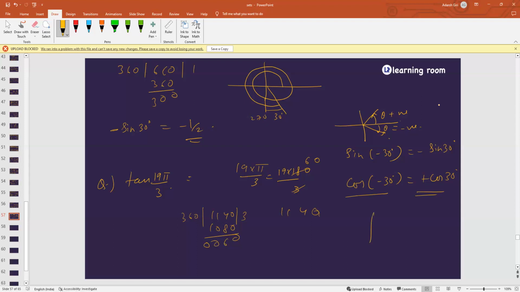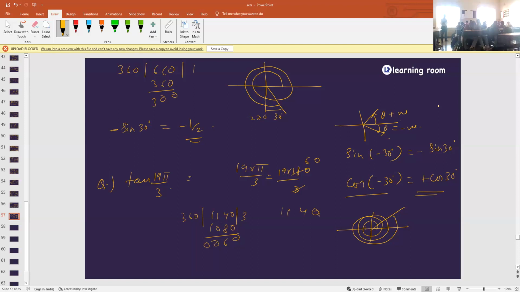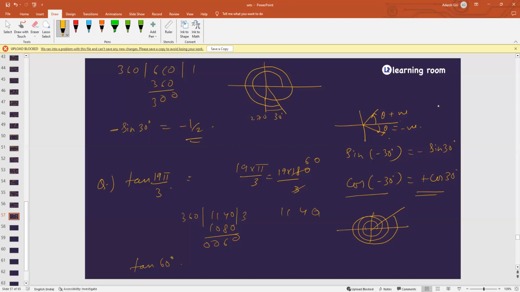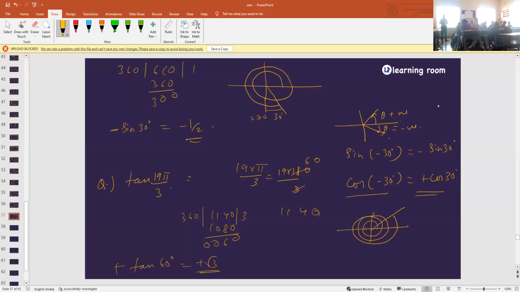So it is 3 times rotation and then plus 60 degrees. So it is in the first quadrant. Is it 1 by root 3? No, it is root 3 only. It is tan of 60 degrees in the first quadrant, so positive. Root 3 is the answer. Understood? All right.